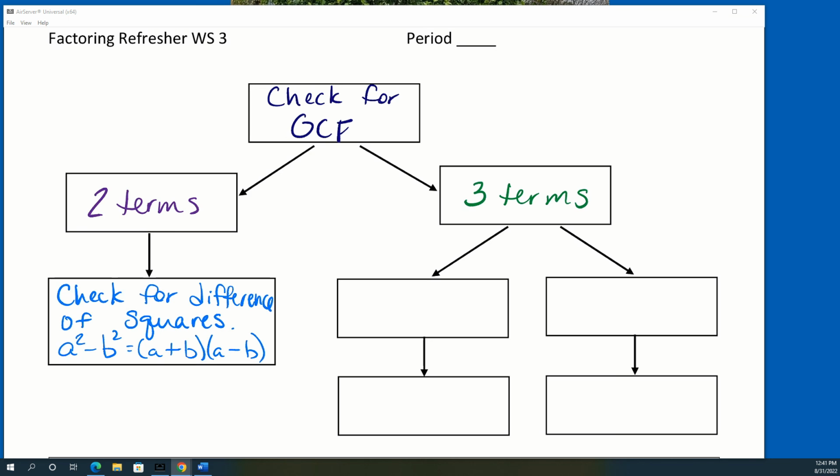If there's 3 terms, there's 2 things that could happen. It could be one where there's not a number in front of the x squared. So x squared plus bx plus c.